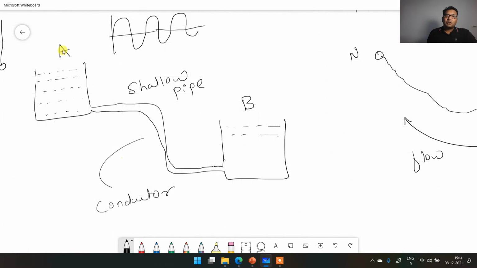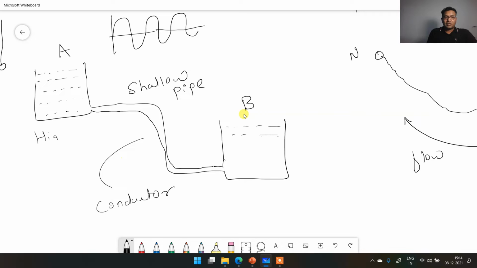Now let's come to the A and B water tank scenario. So this is your conductor. Now how much electricity is going to flow through it? It will depend upon the size of this conductor. How it relates to electricity, we'll see that shortly. So this is at a higher potential.